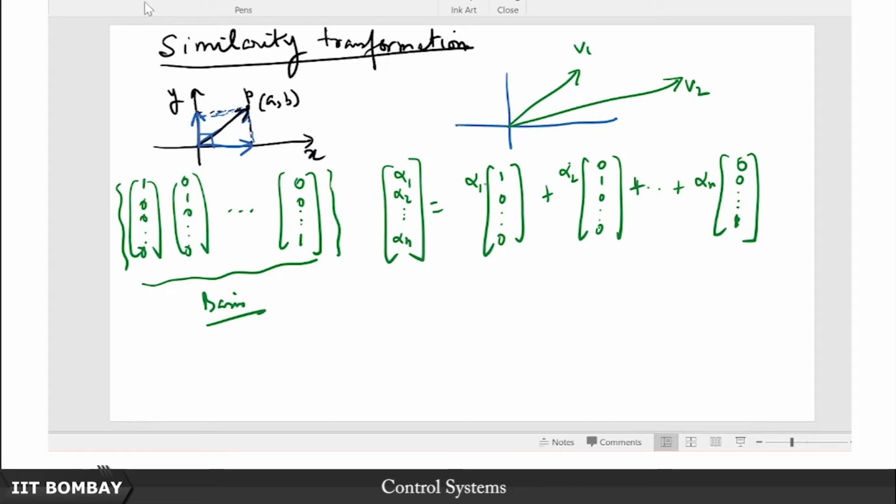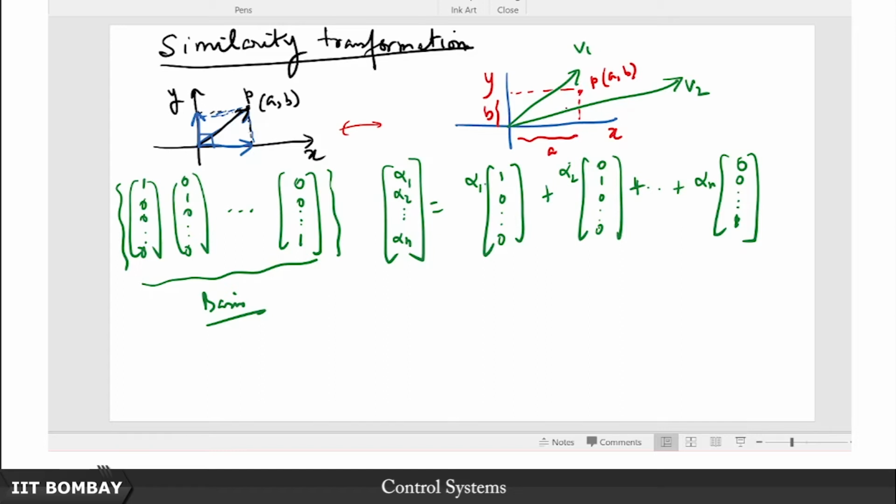So what I am saying is, instead of the erstwhile x and y that I had here, I am now choosing this v1 and v2 as my new basis. Then that same point P, which was given by (a, b) earlier, meaning this was of length a and this was of length b, I now want to represent in terms of v1 and v2.